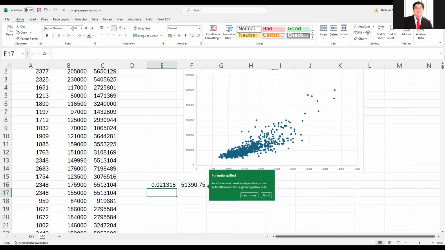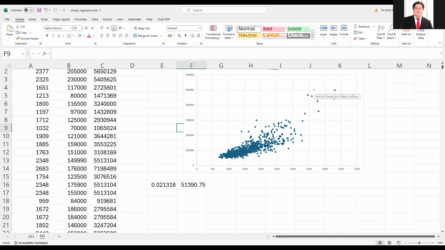It means your equation is now: price equals a big number, this is the constant, plus 0.021 times square feet.